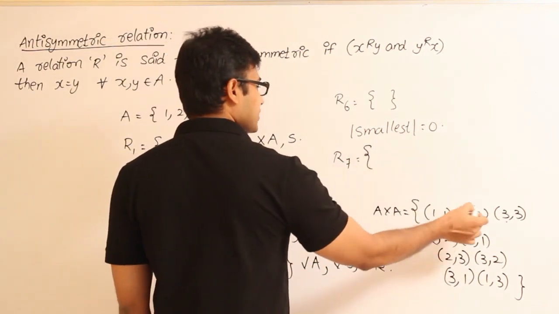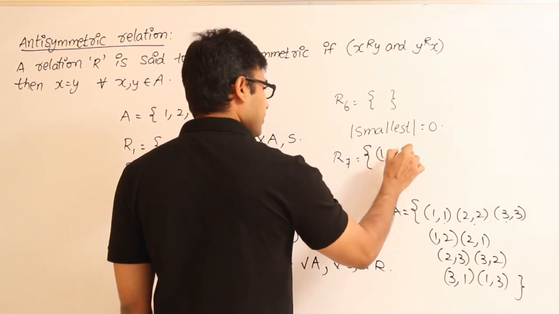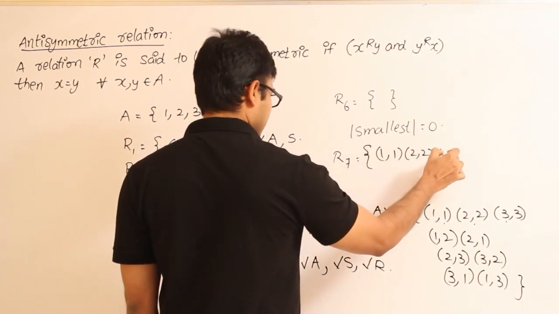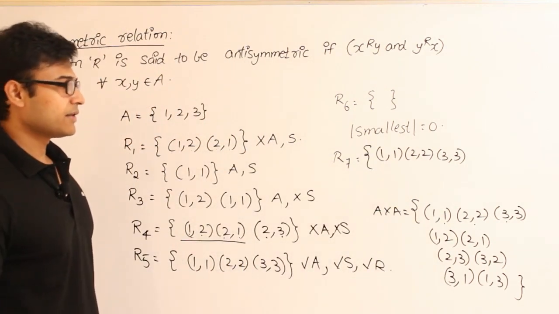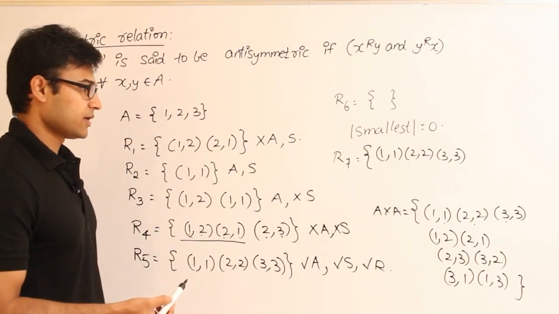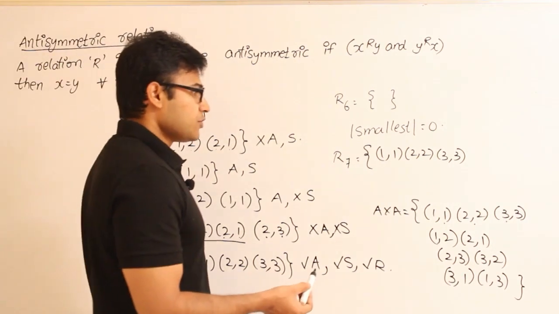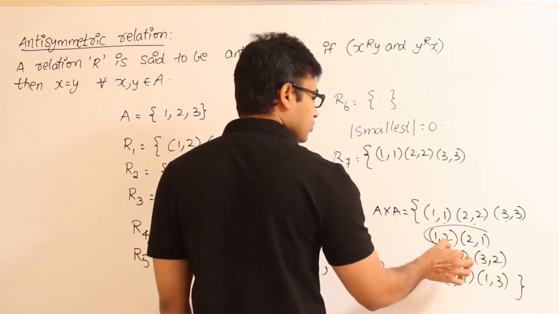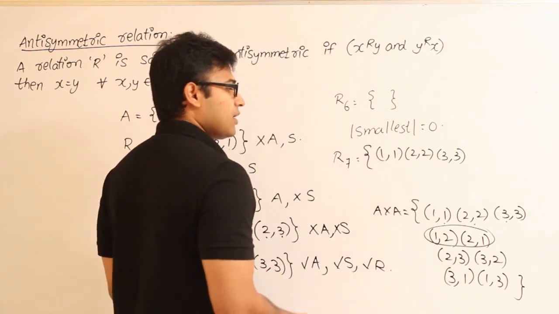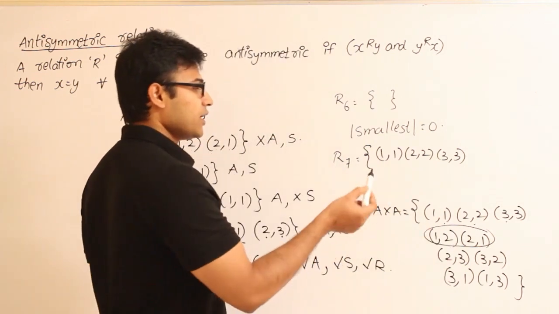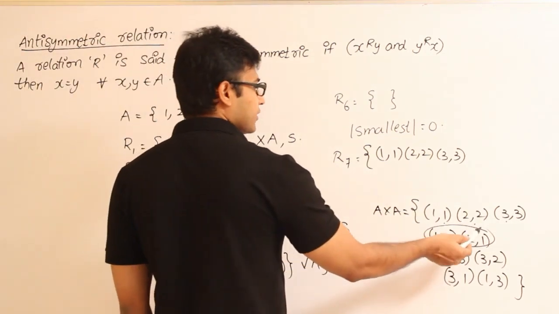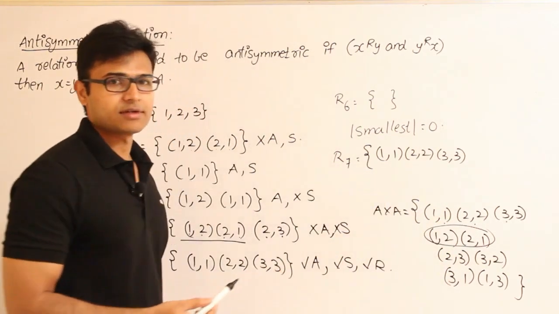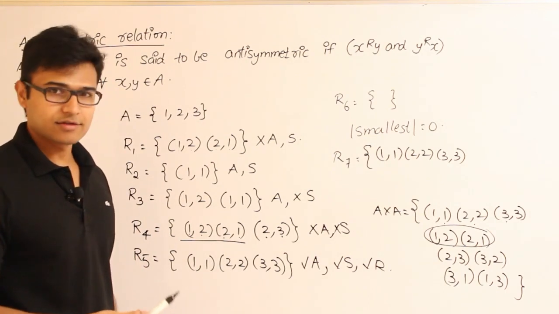Therefore, let me include these 3 diagonal elements, 1 1, 2 2, 3 3, because even after including them, it is still going to be antisymmetric. Now I should not include these 2 together, but out of these 2 I can include any one of them. Why? If I include both of them together, then it is not going to be antisymmetric.